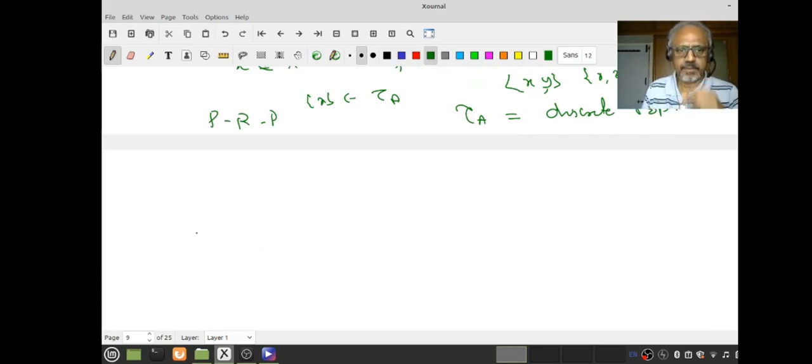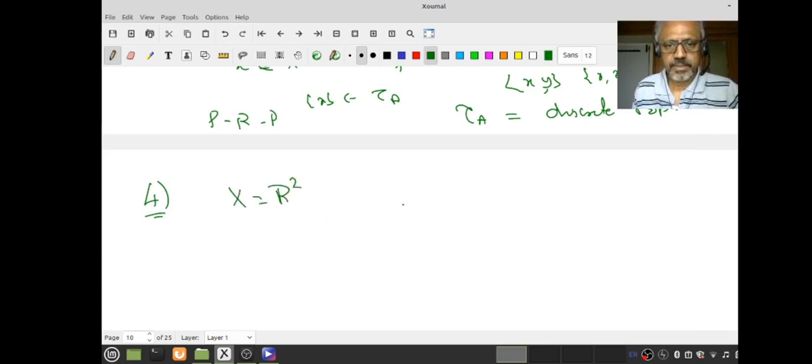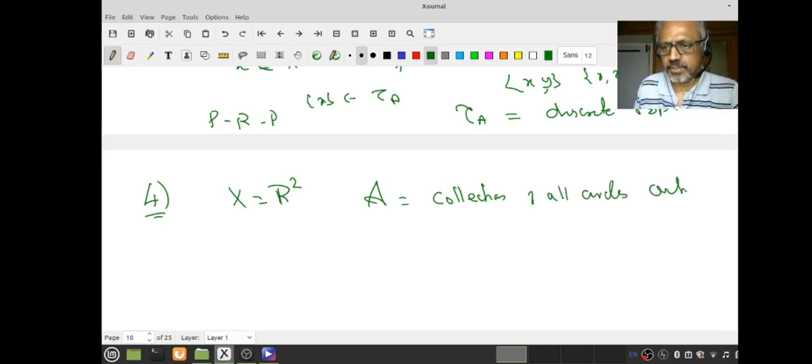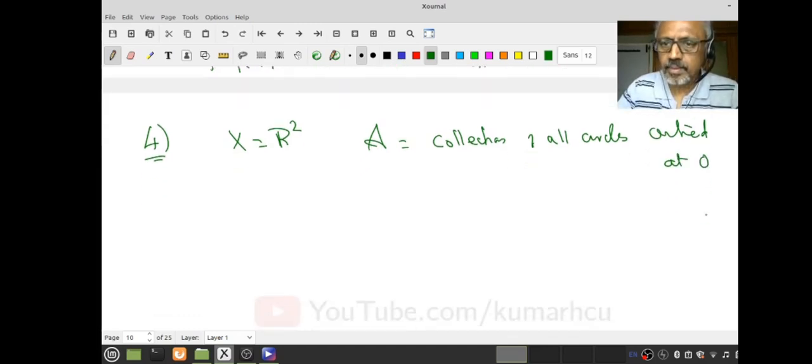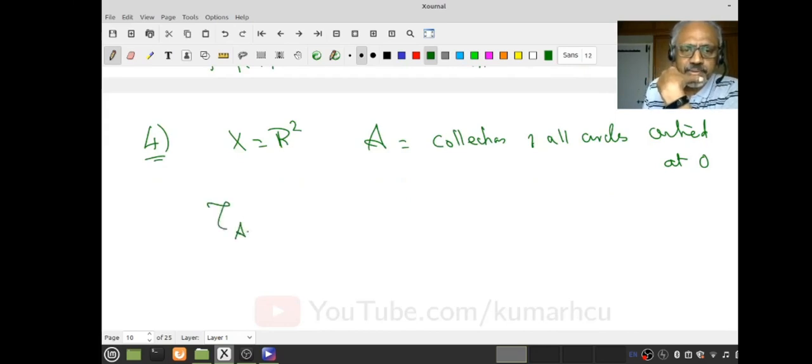Right. Now let's look at X equal to R², and let's take my script A to be the collection of all circles centered at the origin. So what do you think tau A should be?